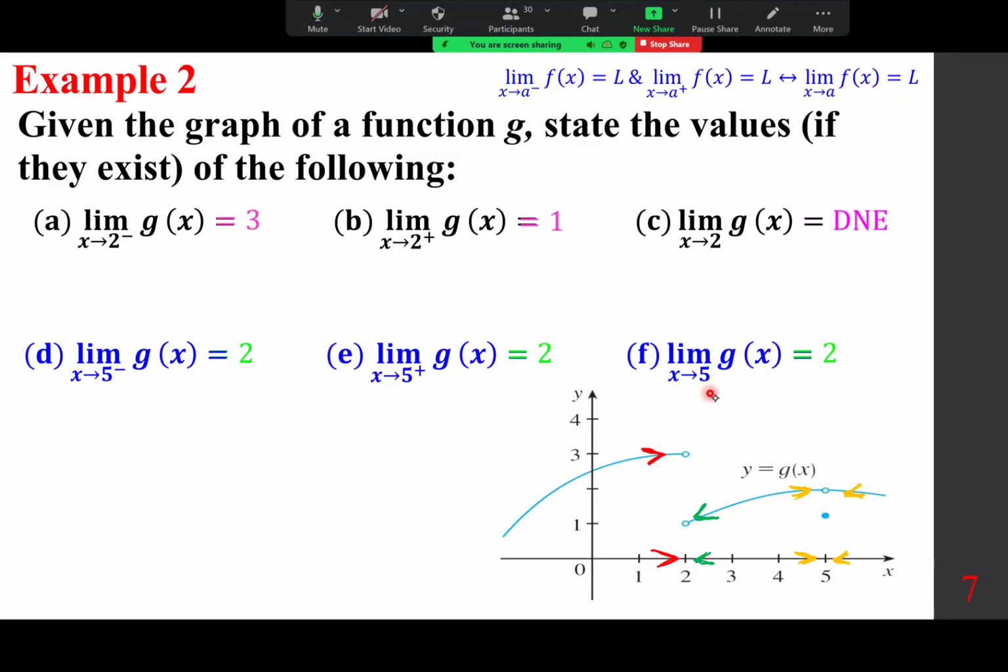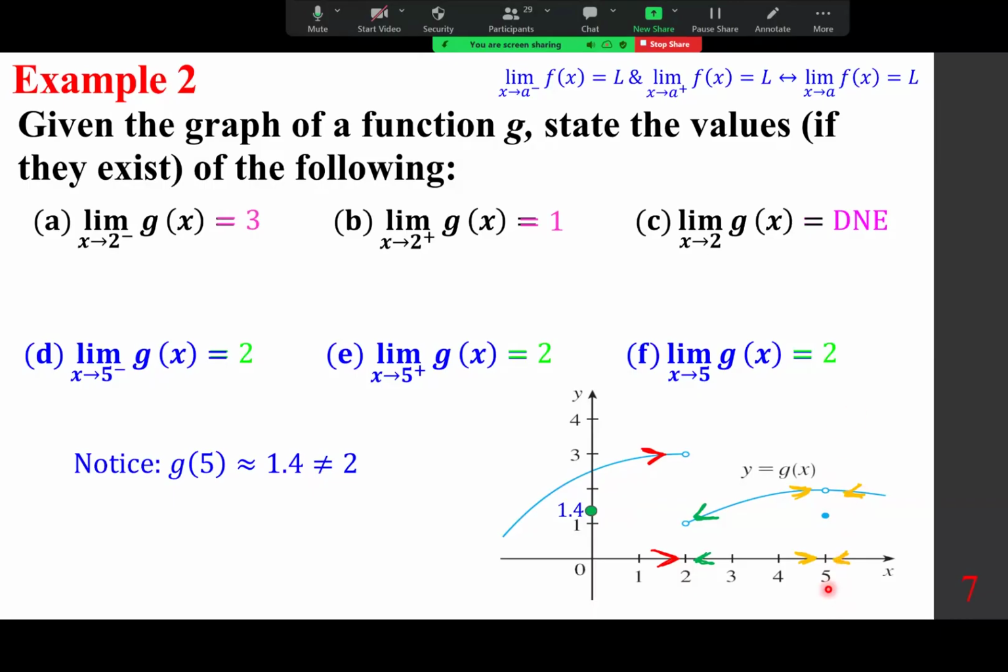However, notice the g of 5. If you look at the solid dot, it has a y coordinate of 1.4, that means g of 5 is almost that. Well, it's close, it's not exactly 1.4, which is not equal to the limit, which means it is still discontinuous. The function is discontinuous at x equals 2.